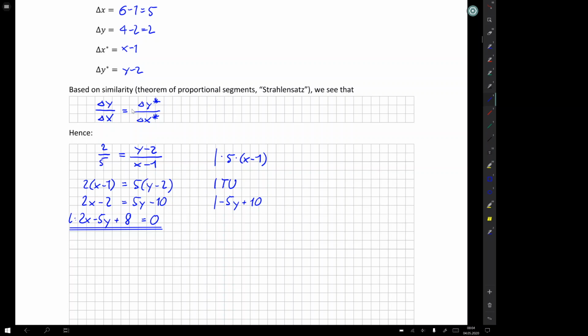Let us now try to change it in a different form, namely in the form y equals to something.